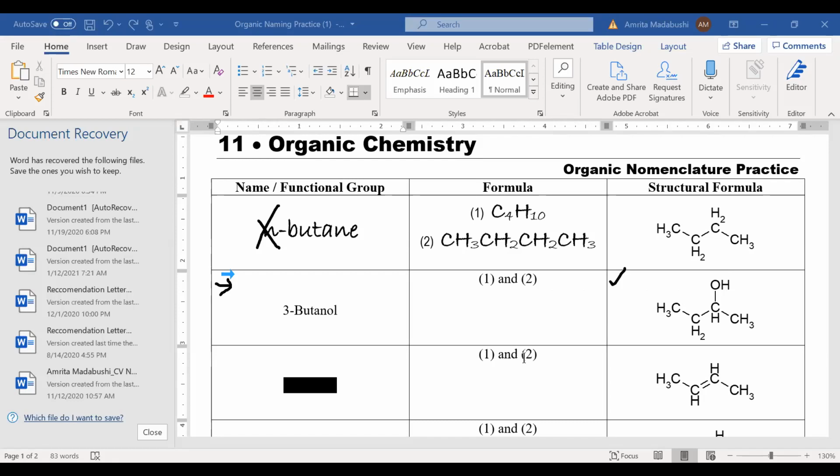C4H10. So we still have 4 C's: 1, 2, 3, and 4. So 4 C's, and how many H? You just have to count the numbers, literally. C4H10. And then how many O's? 1. That's it.